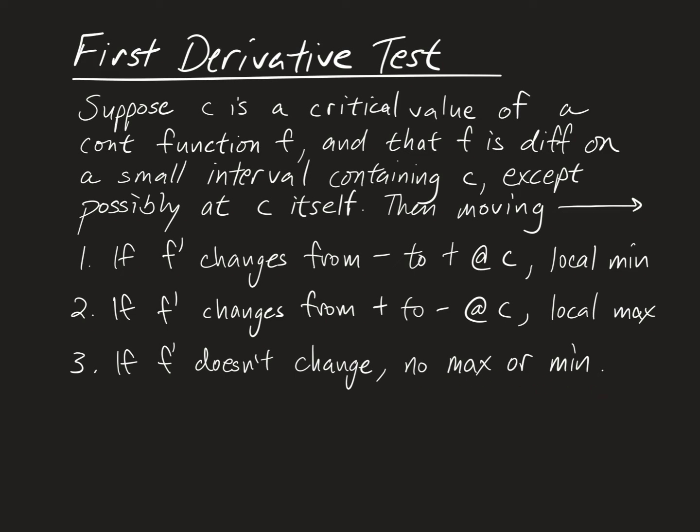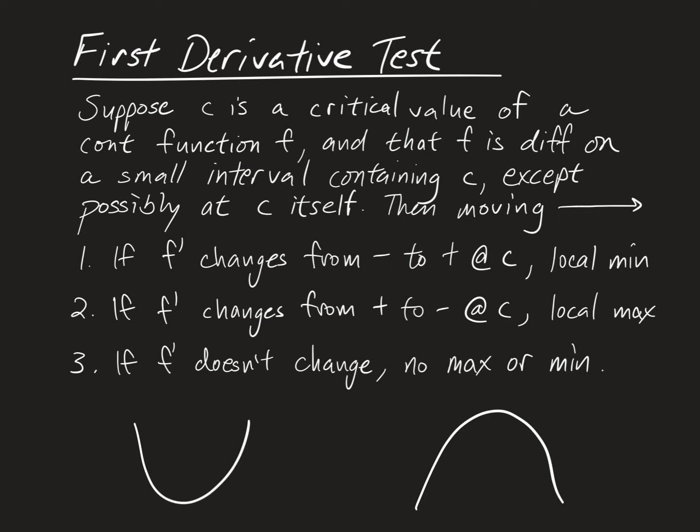I want to take a moment to point out that with these local max and local min that we end up finding, we are using the derivatives to find more characteristics about the original function. So when we say we've located a local min or a local max, that exists on the original function.